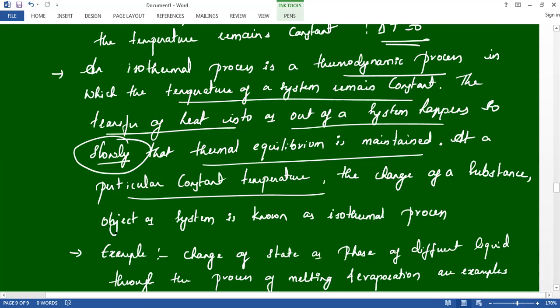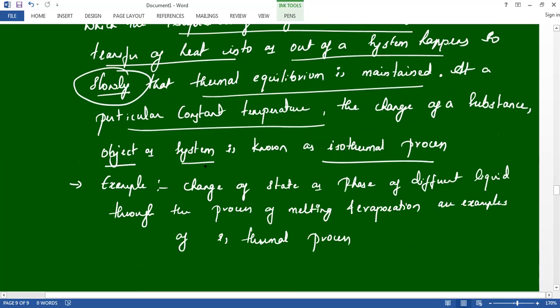For example, the change of state or phase of a liquid through melting or evaporating is an example of an isothermal process.